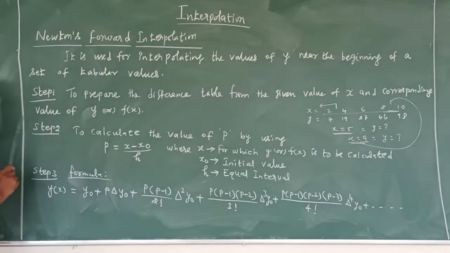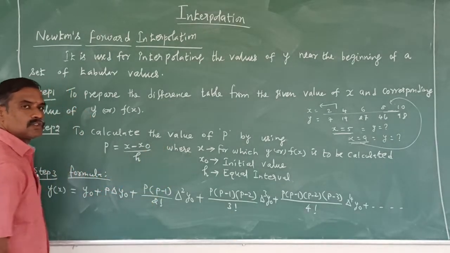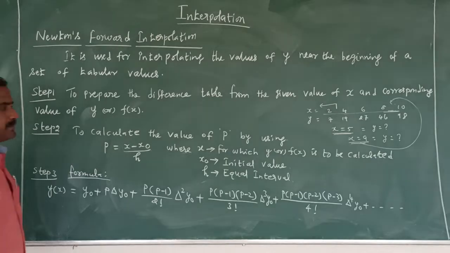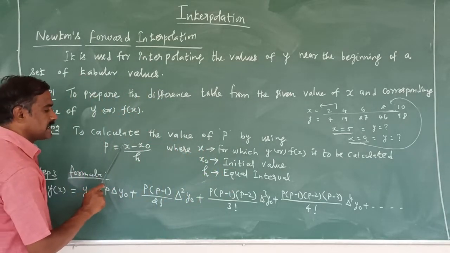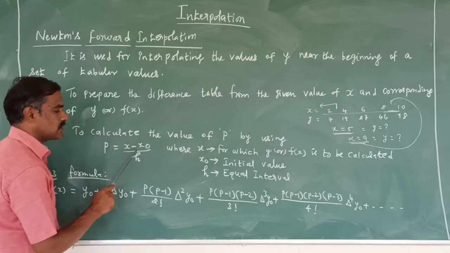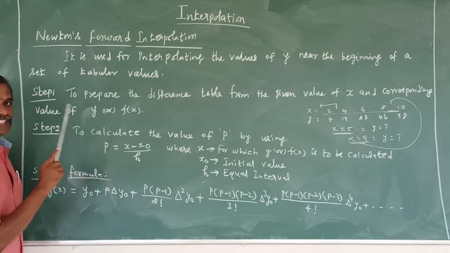Step number 2: calculate the value of p by using the formula p equal to x minus x naught divided by h.